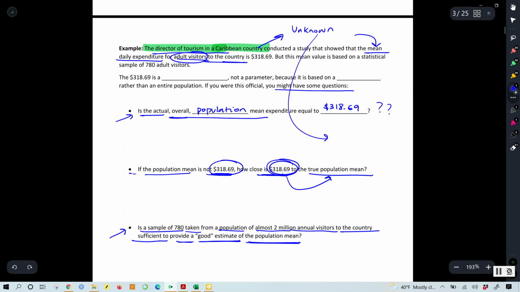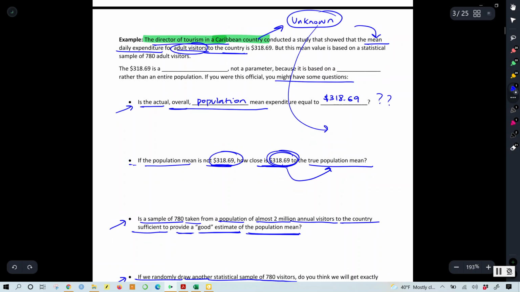As a statistician, if this director contracts me to help him or her find this unknown average, this is what I will do if I'm going to use the idea of sampling distributions. For example, I can decide to take a sample of 780 adult visitors who provide data on how much they spent on average when they visited our country.